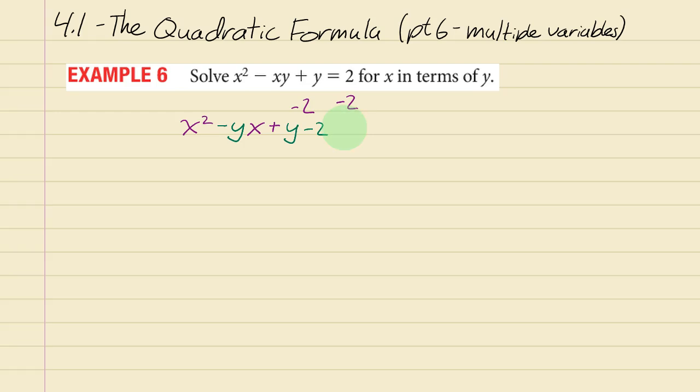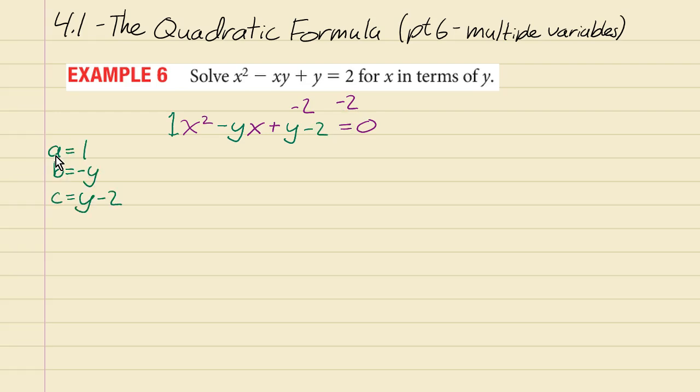That should equal 0. And so now we can think of this as 1x squared, and then something times x, and then a constant. So that's your A, B, and C here.